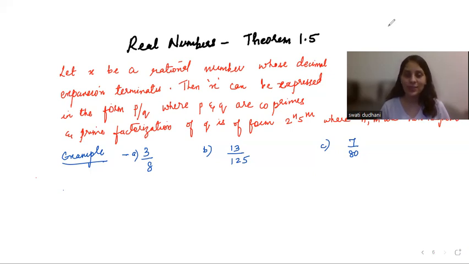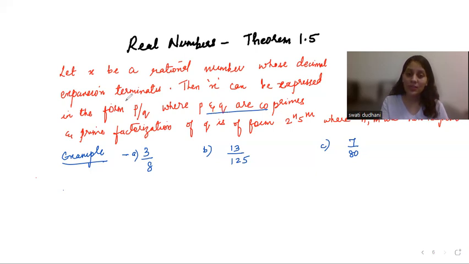So let x be a rational number whose decimal expansion terminates. Terminates means the remainder is 0. So what is a rational number? You know that a rational number is of the form p by q, where p and q are co-prime numbers.